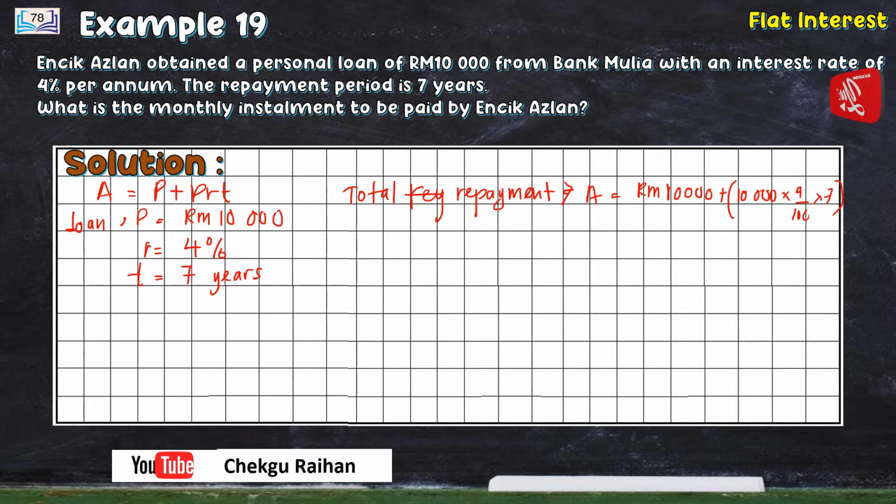So equal to Ringgit Malaysia 10,000 plus Ringgit Malaysia 2,800. So the total of repayment equal to Ringgit Malaysia 12,800.